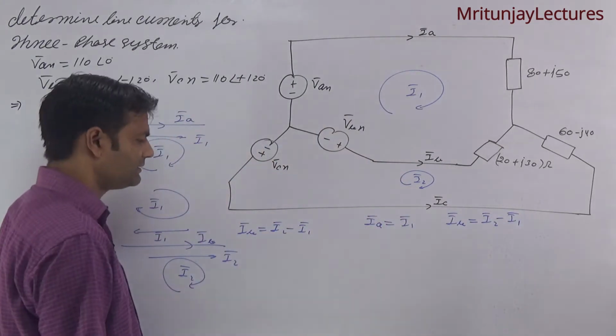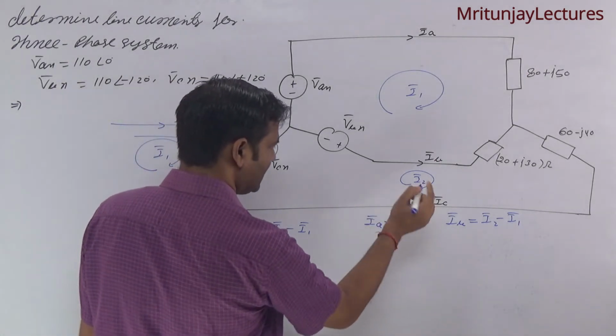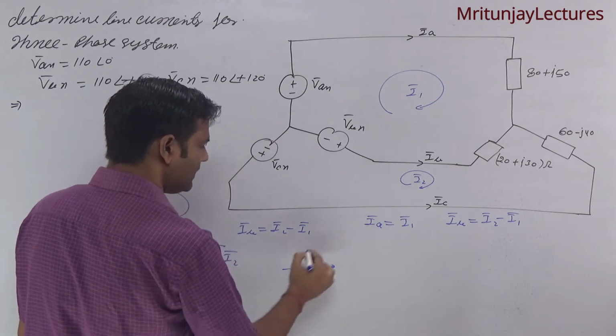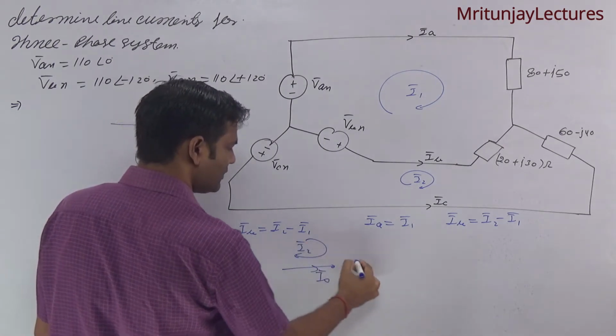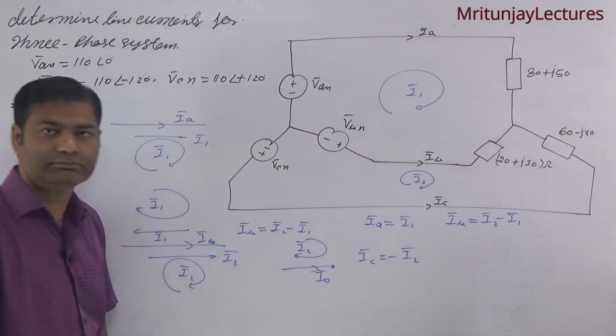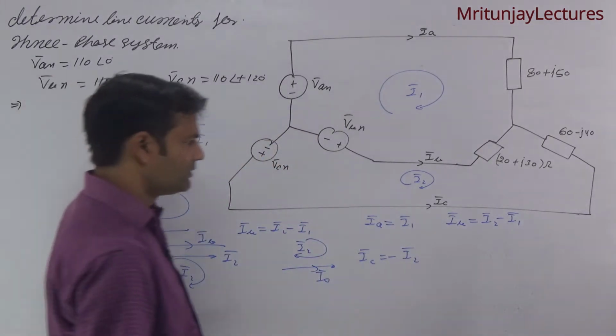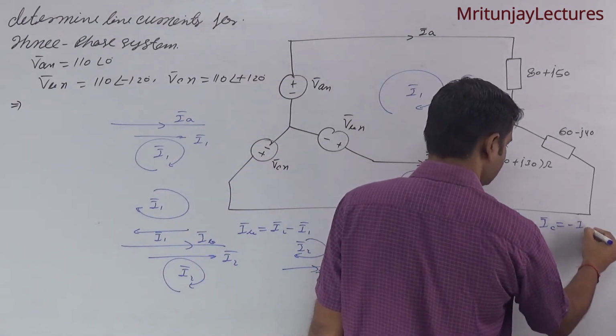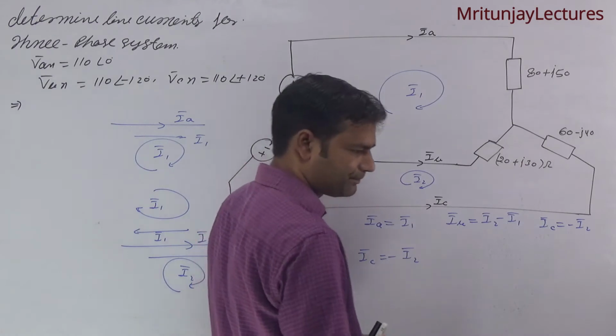Now what about IC? I2 is opposite to the IC like this one, and I2 here. So IC is written as minus I2, clear? So IC is equal to minus I2.